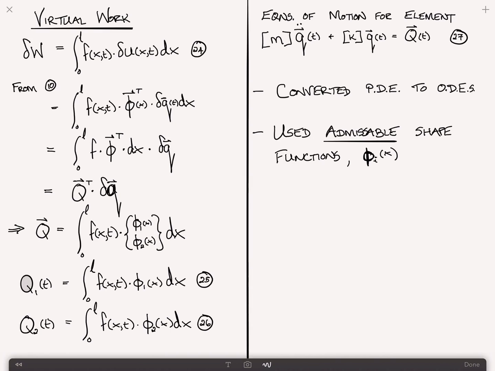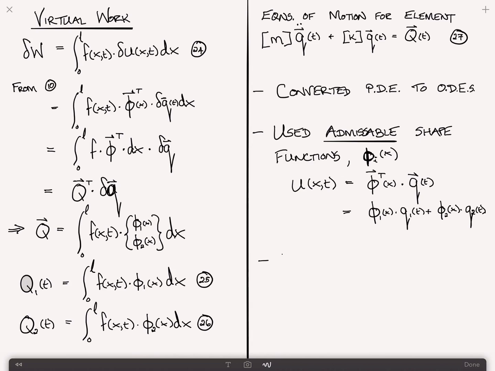Okay? And by assuming that, we were able to write the displacement u of x,t as something x-dependent multiplying something time-dependent, namely your shape functions and the modal coordinates. This could also be rewritten as phi 1 of x times q1 of t plus phi 2 of x times q2 of t.